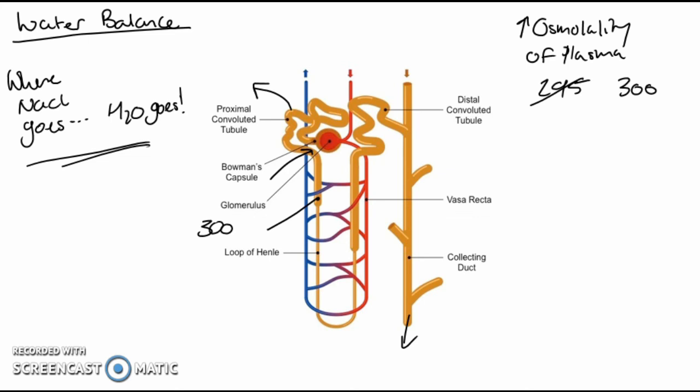Now, we can make it conservatively 1,200 milliosmoles. So in other words, we can take a lot of water out of this filtrate, a lot. The next thing that we're going to do is talk about exactly how it is that the kidney does it.